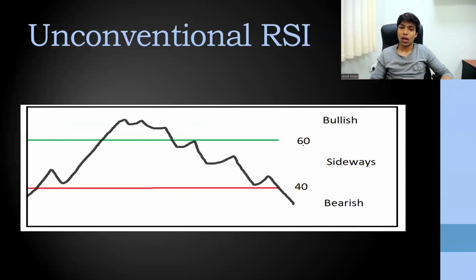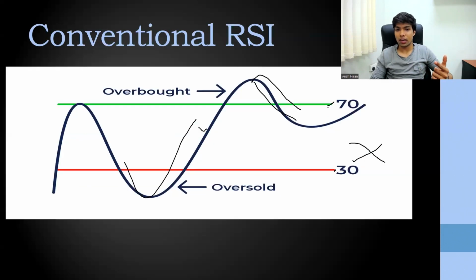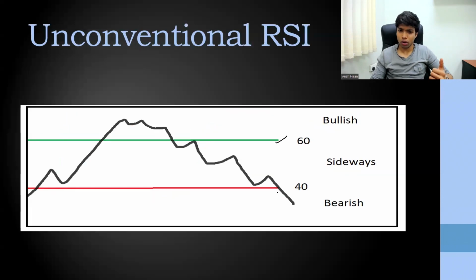And that's why we use an unconventional approach of looking at RSI. We just change these levels from 70-30 to 60-40. I'm going to show you how it's done, but just as of now, understand this. After changing these levels to 60/40, the rules of RSI change.